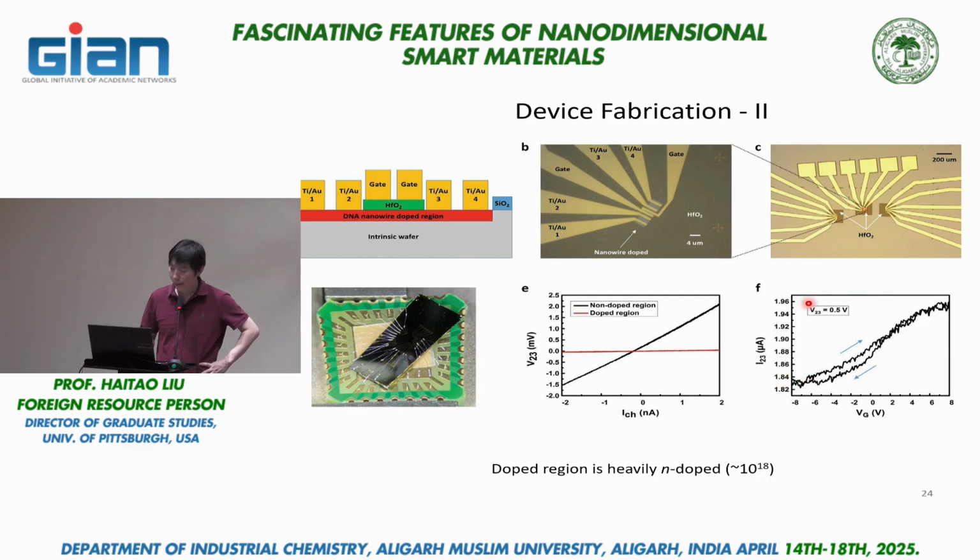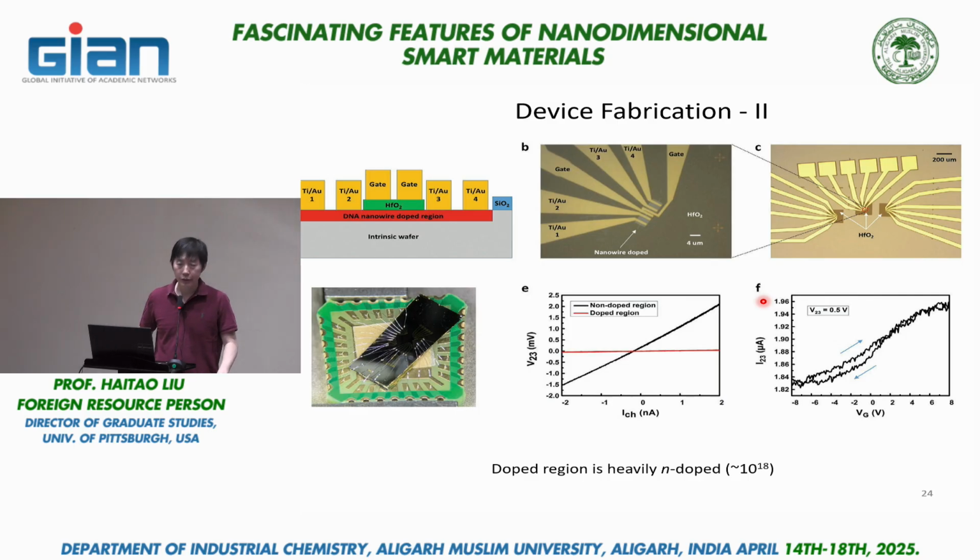It's from 1.8 to 1.9. We're looking at 5% modulation, which is not a great device. And we're not claiming it's a great device. What is exciting in this device is that we show that using DNA, you can dope a silicon wafer with nanoscale confinement based on the shape of the DNA structure.